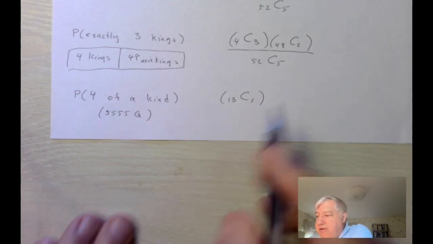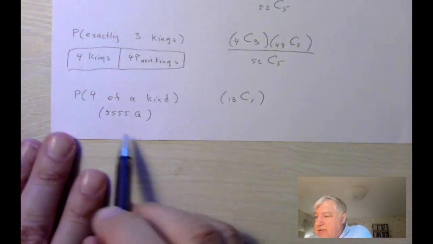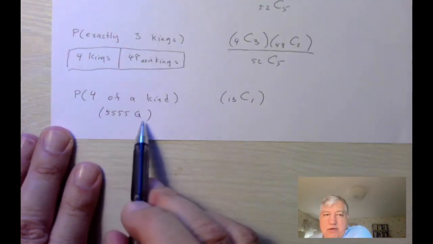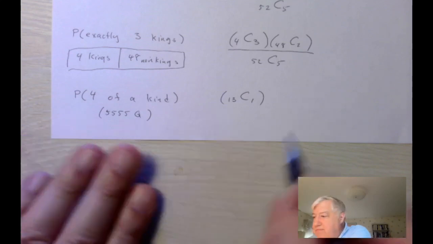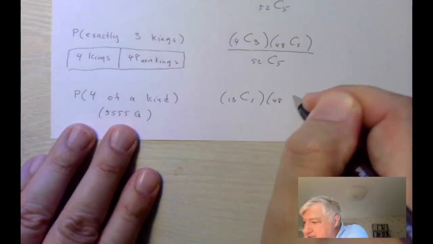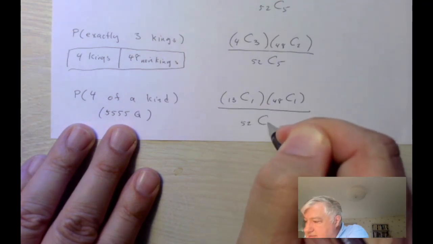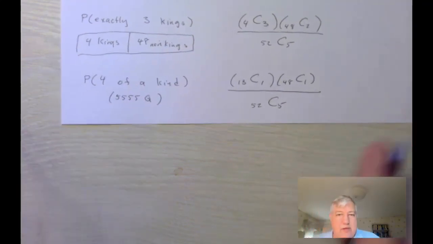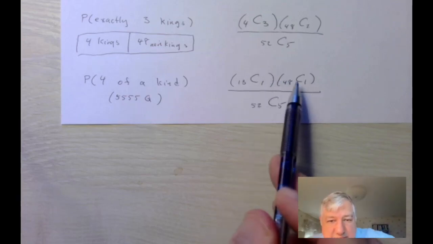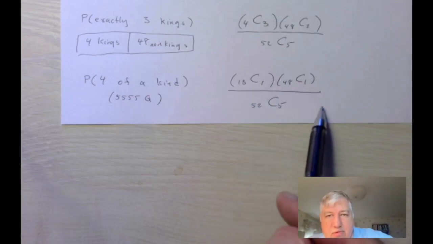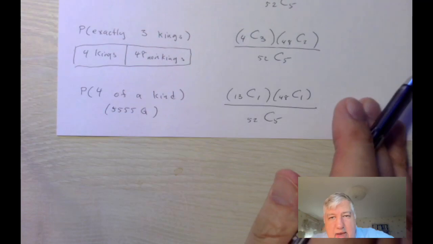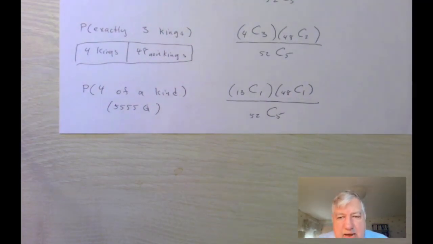And then there are 48 cards that are not a 5, so you pick one of those. So it's 48C1, and this is 52C5 again. So this is the number of 4 of a kinds you can get, and this is the total number of outcomes. It might be interesting when you compute this to see what the probability actually is.